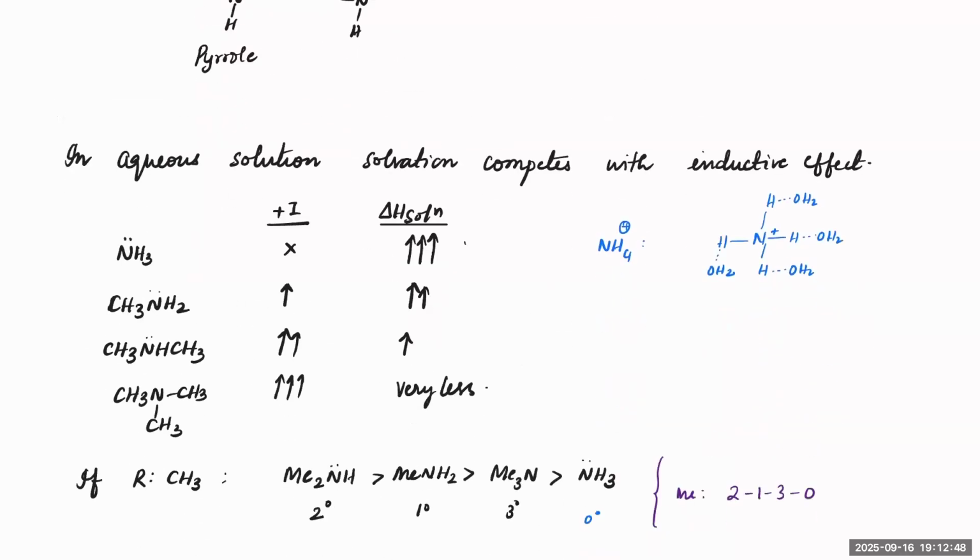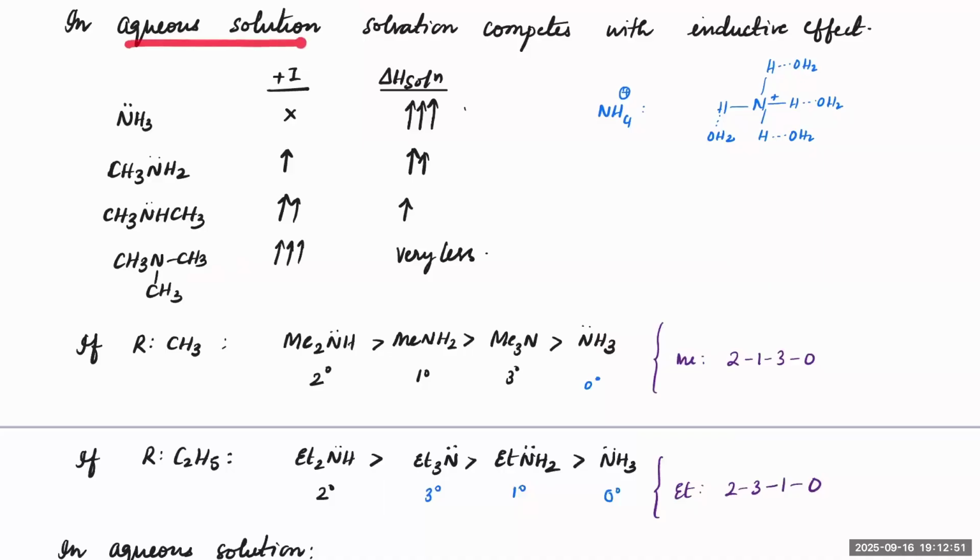Now, when it comes to aqueous solution, the solvation will always compete with the inductive effect for stability. In simple terms, suppose I have ammonia. Its conjugate acid is NH4 plus.